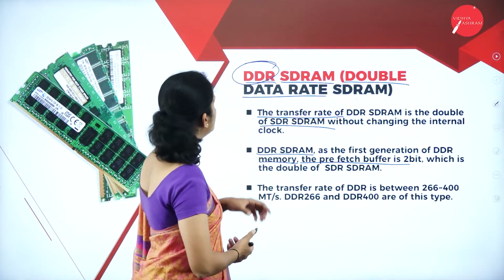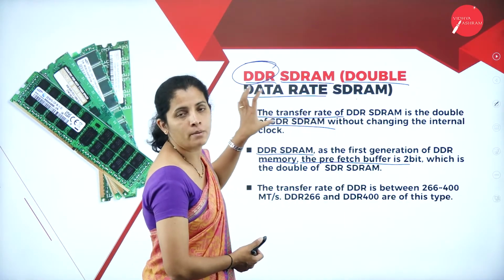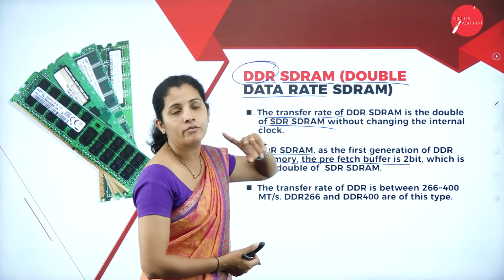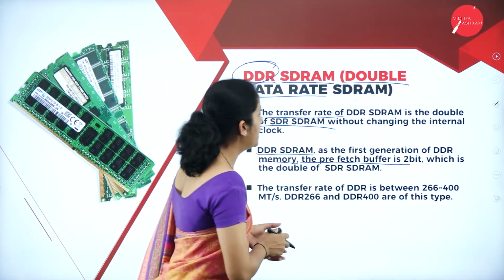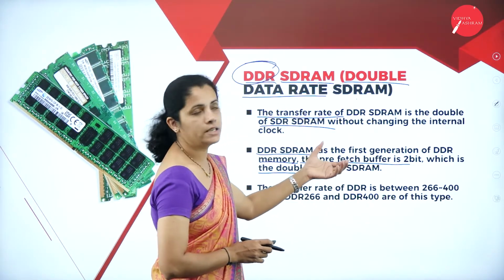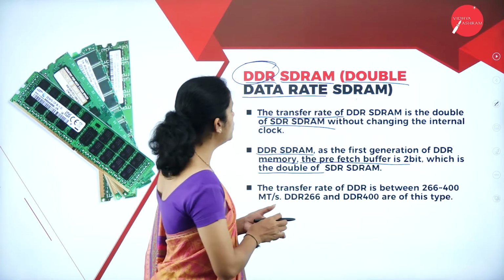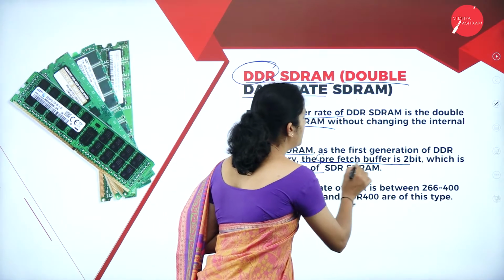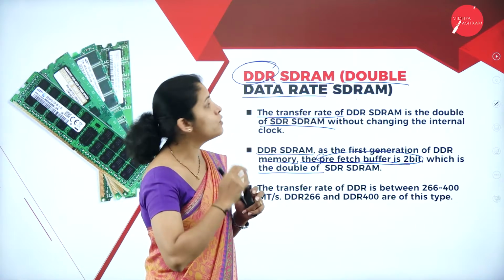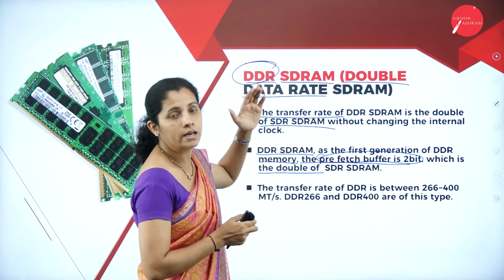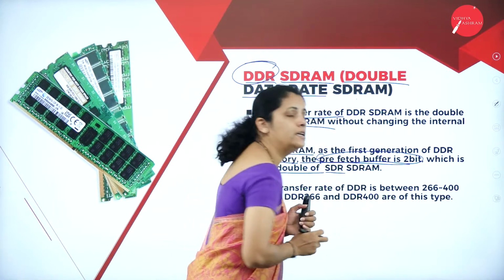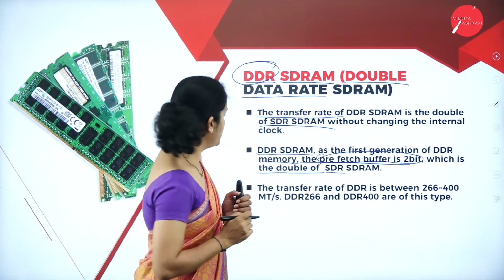That means whatever prefetch buffer I'm going to have in DDR is of type 2-bit, which is double that of SDR SDRAM, and the size of the DDR is double when compared to SDR SDRAM.